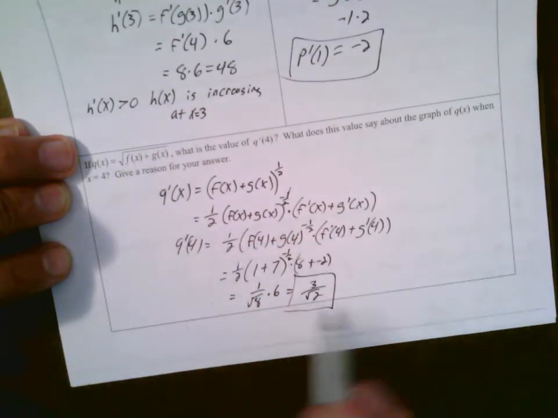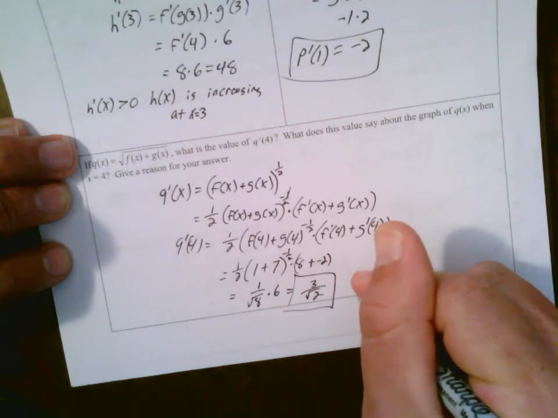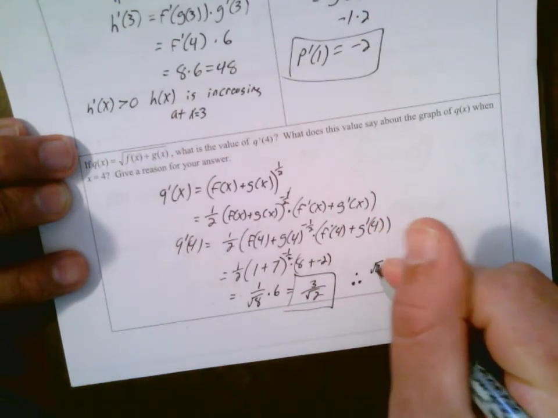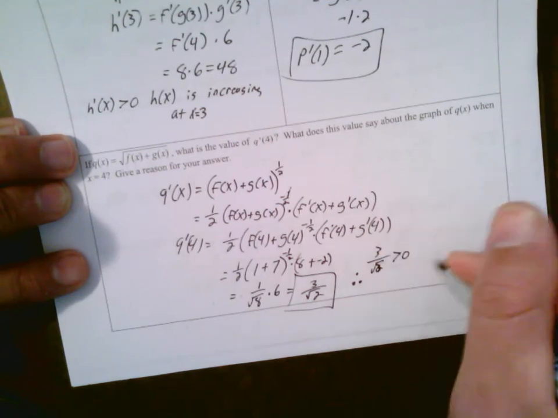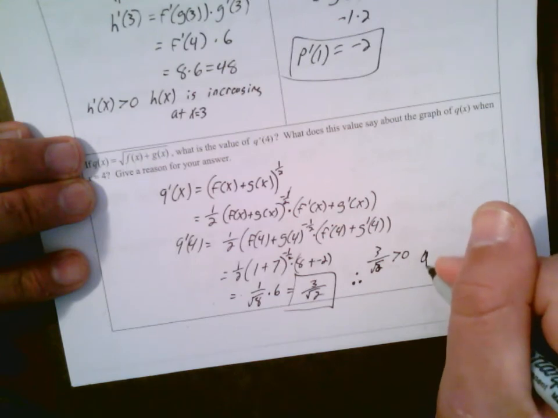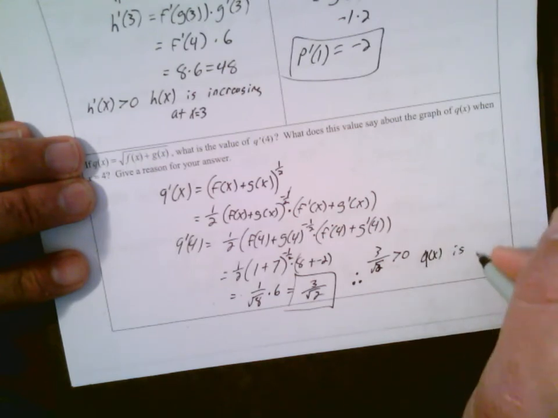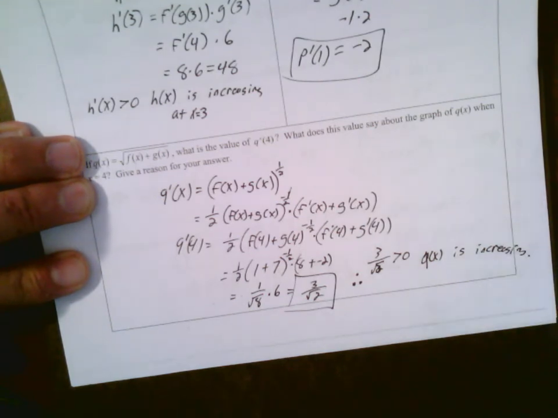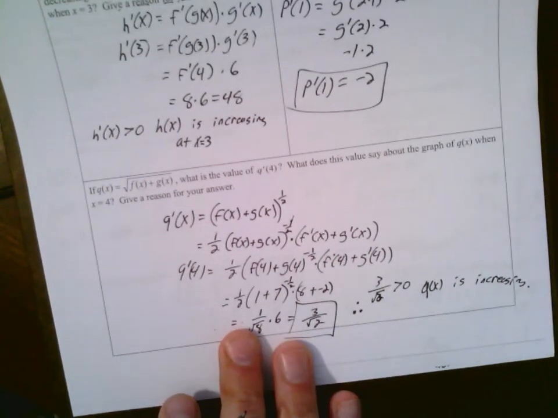Well, it's positive, so therefore, 3 over square root of 2 is greater than 0, therefore q of x is increasing. Okay, I hope this helped.